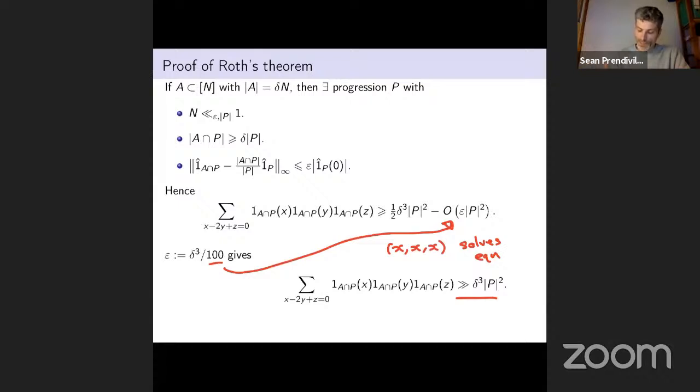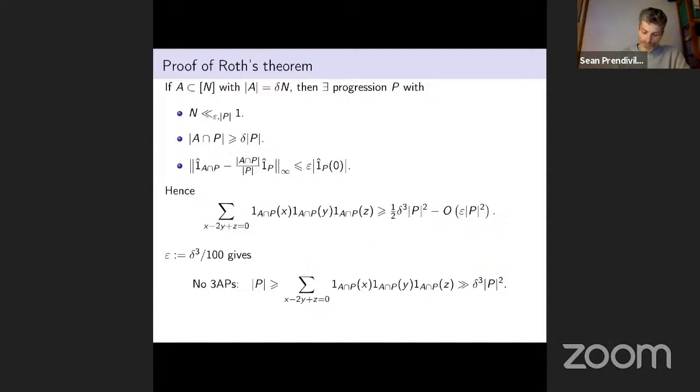Well, imagine that if A had no 3-term progressions, then the only 3-term progressions it contains are these trivial ones. So in that case, we can really crudely bound this count here by the cardinality of A intersect P, because that's the number of these trivial 3-term progressions there are in my set. So if A doesn't contain any 3-term progressions, then this intersection doesn't contain any 3-term progressions. So the only solutions to the equation picked up by this count here are those diagonal solutions.